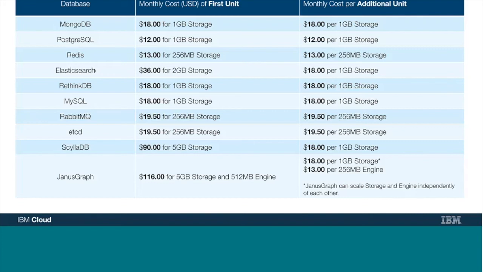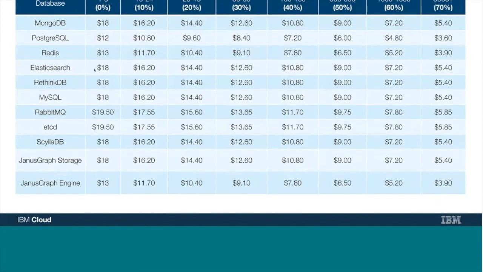But if you start doing the math on this, you're thinking, oh, this gets expensive quickly. Well, actually it doesn't, because we have these incentive tiers that we do pricing with. So as your MongoDB gets larger and larger, as you use more underlying storage, you do get significant cost decreases.